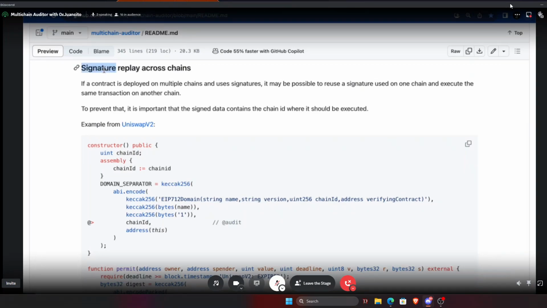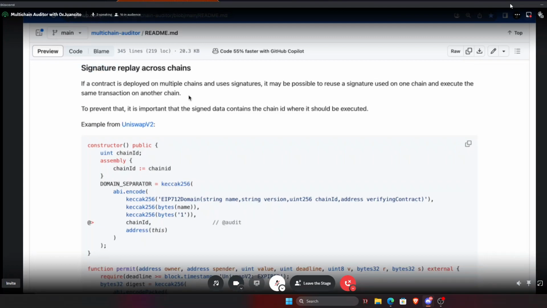So you may allow a protocol to spend your USDC or USDT tokens just once, but you don't want them to spend them over and over again. So they might check that, and they might introduce a nonce so that you cannot execute the same signature many times. But you may find that you might have the same nonce, the same transaction details and the same signature.